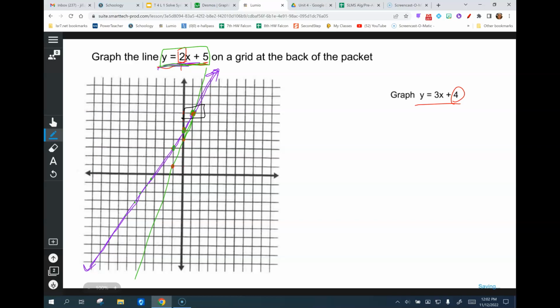Now what that means is the green line is the solution to y equals 3x plus 4. The purple line is y equals 2x plus 5. Those are all solutions. But where they intersect right here, that is the solution to both.